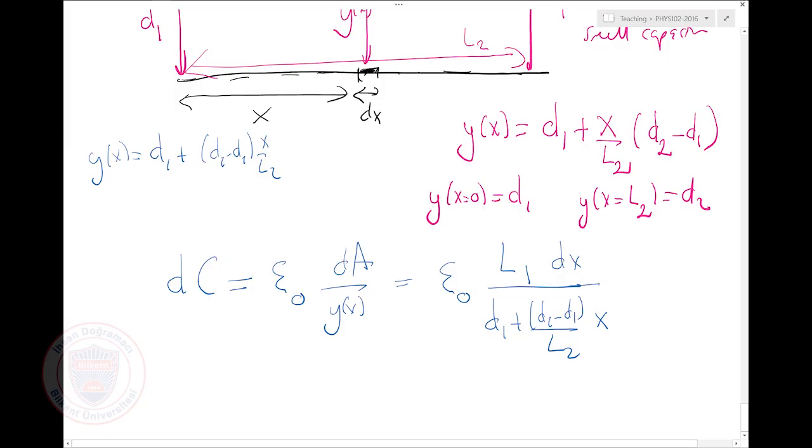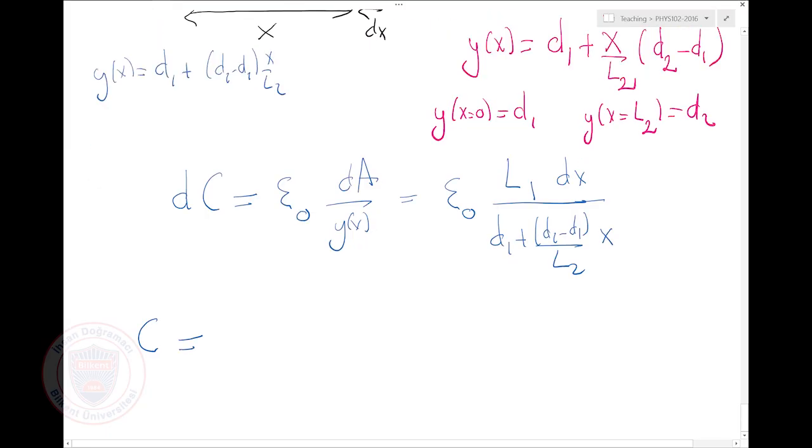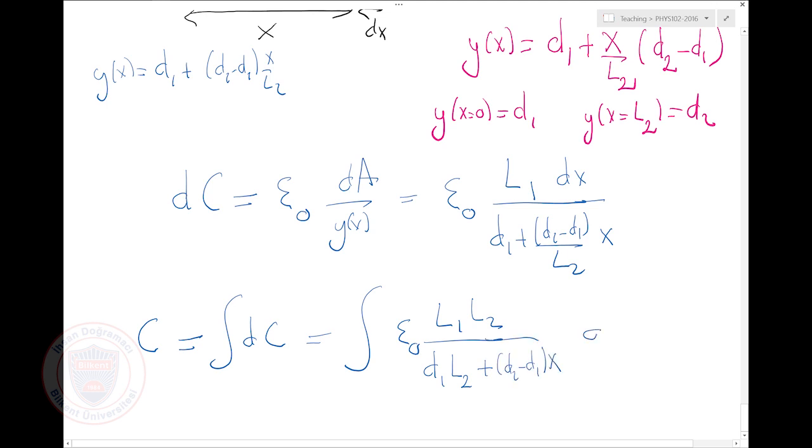Now, what's the total capacitance? I need to integrate all these small capacitances. Let me write everything down: epsilon 0 L1 L2 over d1 L2 plus d2 minus d1 times x, times dx. What are the limits of my integration?